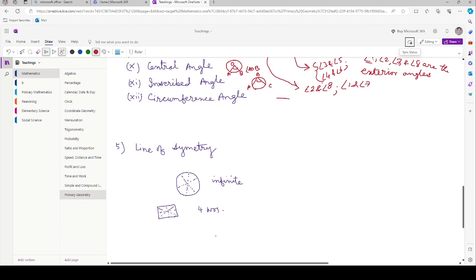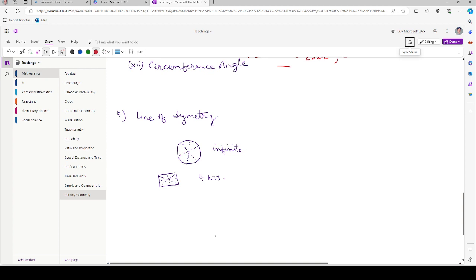Now we come to the line of symmetry. If a line divides a figure exactly into two equal halves, then this line is known as line of symmetry. Here, any of these lines divide this circle into two equal halves.